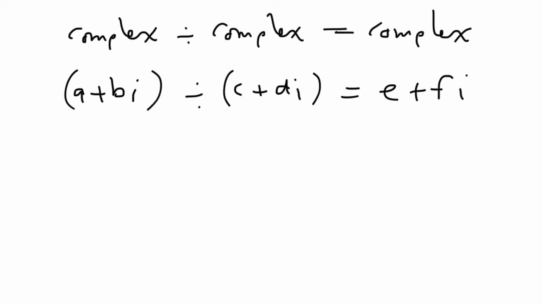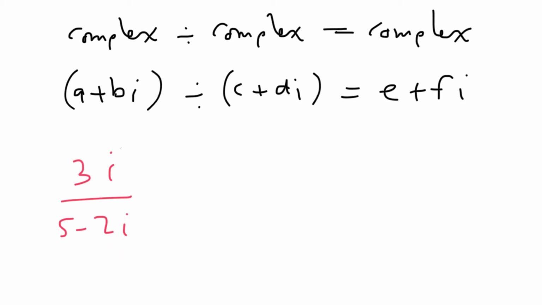So if I have this example, like 3i divided by 5 minus 2i. See, this is a complex number, and this is a complex number. Of course, this is only imaginary, but the idea is I don't want the i to be down. How do I get rid of the i down?